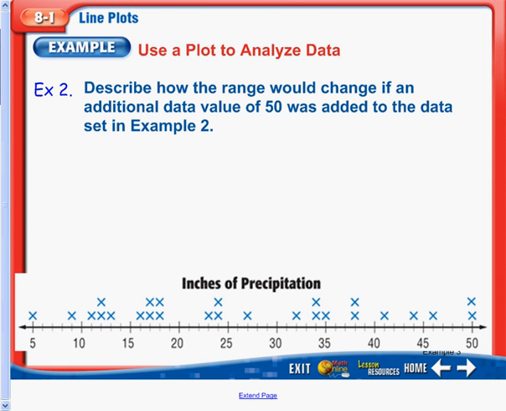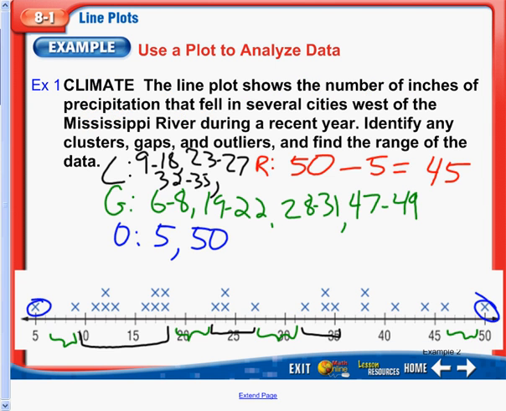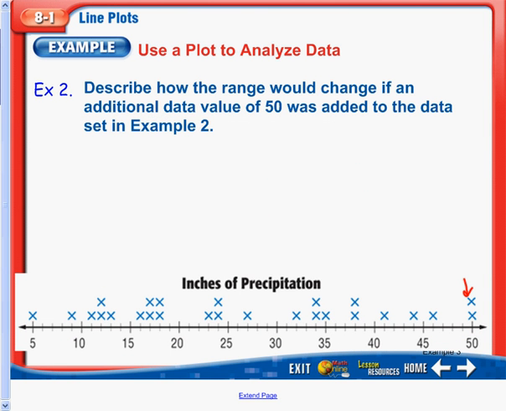Our next question is going to be: describe how the range would change if an additional data value of 50 was added. So as you notice here, going back, we had 5 here, 50 there, and then we have 2 here. So if we add another 50, would our range change?